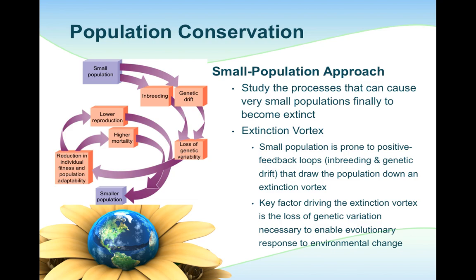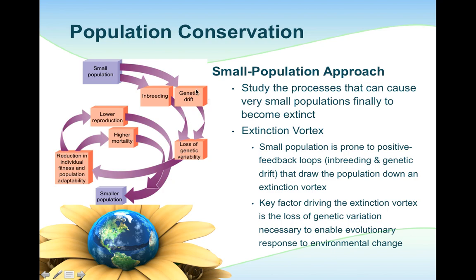The two major issues that we end up seeing in an extinction vortex start with a small population size, so there's not a lot of individuals there in the first place. They're probably cut off from other populations. So you have this interplay between inbreeding, closely related individuals breeding with each other, and you end up seeing negative traits become more and more common over time.